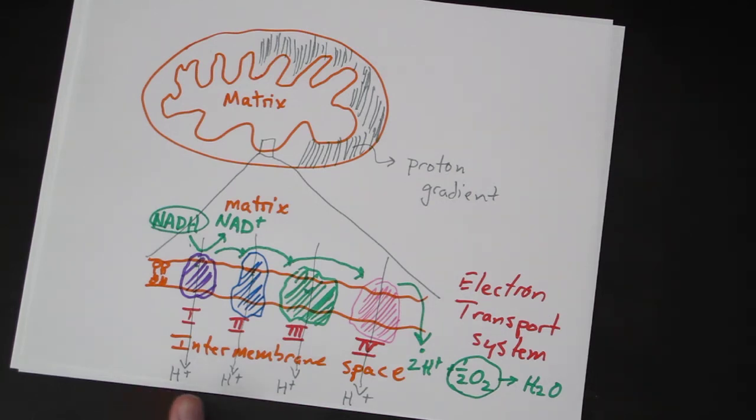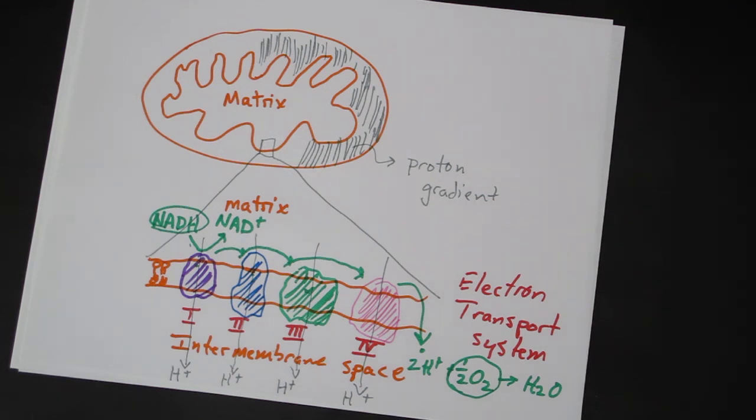We have this process occurring, and we have a proton gradient that is being produced. So what happens to that proton gradient? Well, you have probably learned in just about every single biology class that you've taken that gradients of anything don't really like to exist in biology.